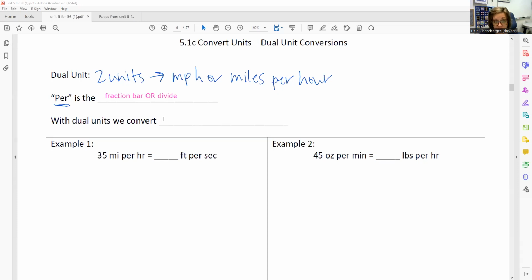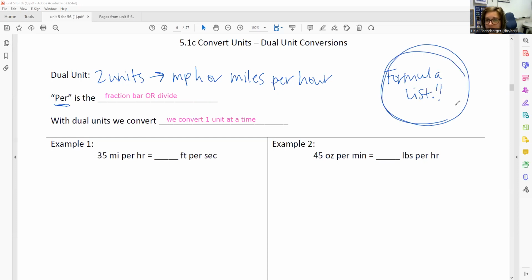And with dual units, we are going to work at converting one unit at a time. We're also going to need our formula list.